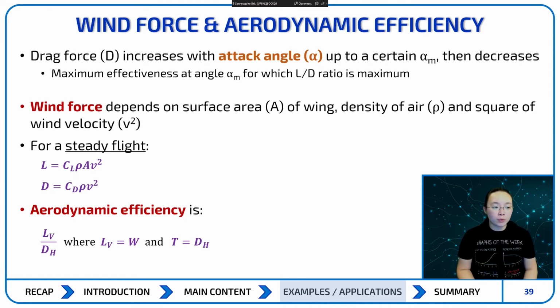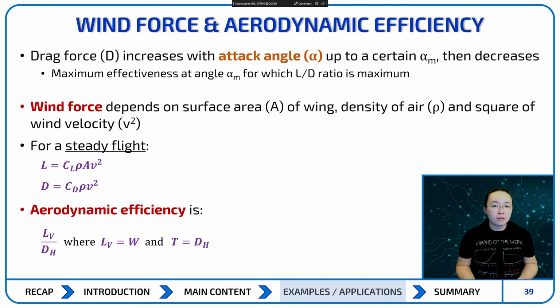we have a wind force. It depends on surface area A of the wing, and then it depends on the density of air, which we represent as rho, as well as the square of the wind's velocity, so v squared. There are two equations we'll have to be familiar with, and those are the basic equations for lift and drag.